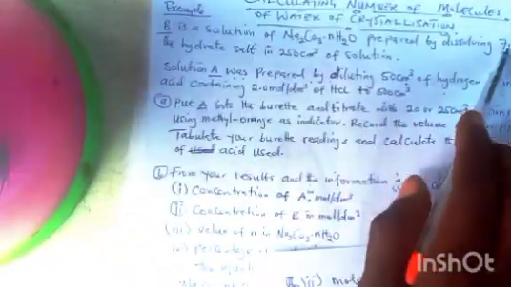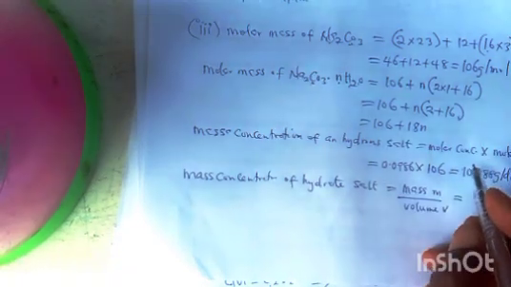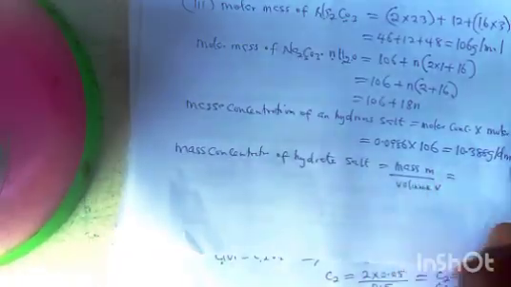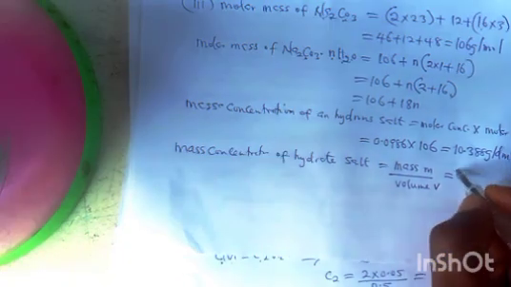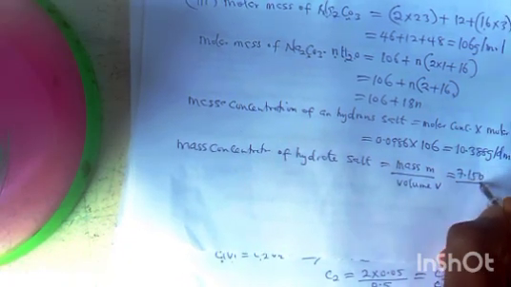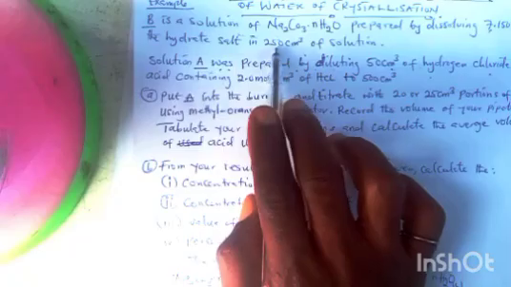This salt contains water, and this is the mass, 7.150, divided by the volume. What is the volume in that question? Look at the volume.